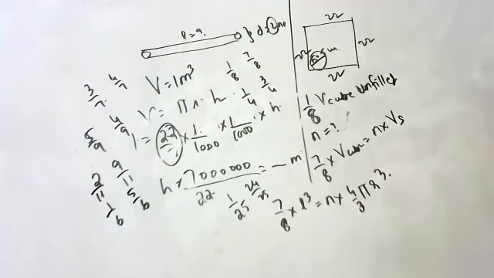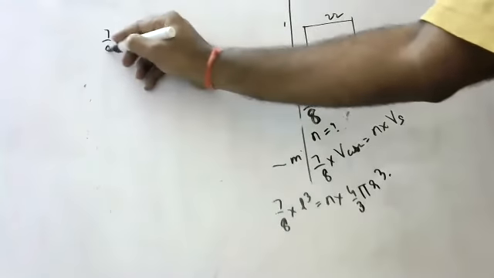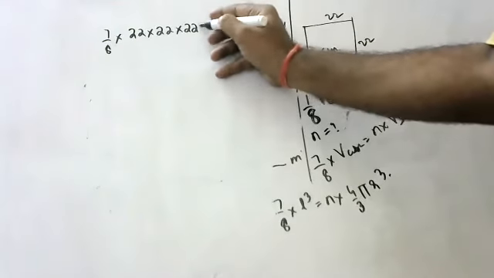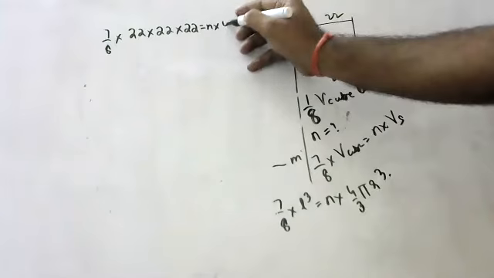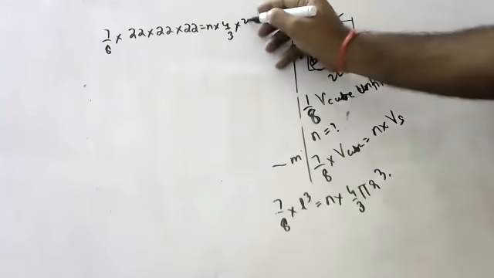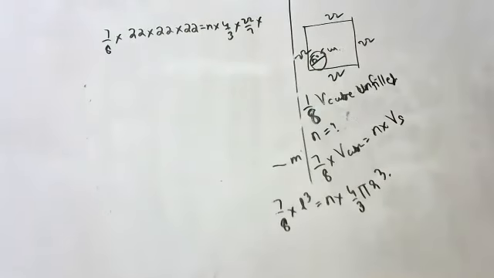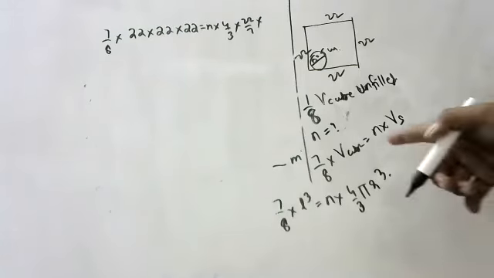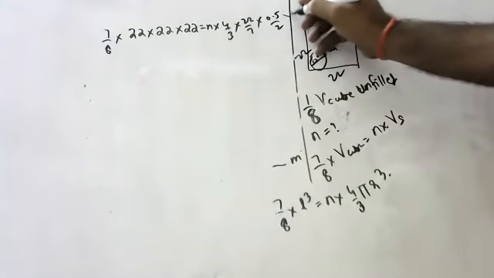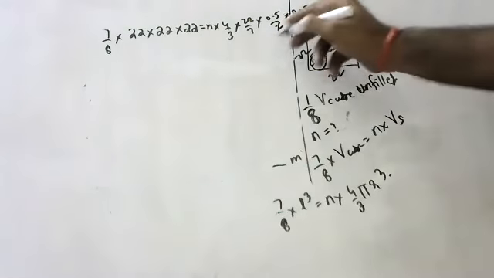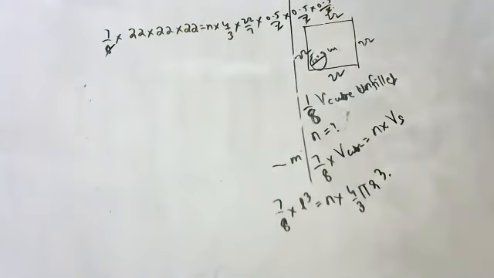So 7/8 into 22 into 22 into 22 is equal to n into 4/3 into 22/7 into 0.5 cube. 0.5 centimeter is the diameter, so the radius is 0.5/2. So 2, 2, 2 is 8, and the 8 is cancelled.